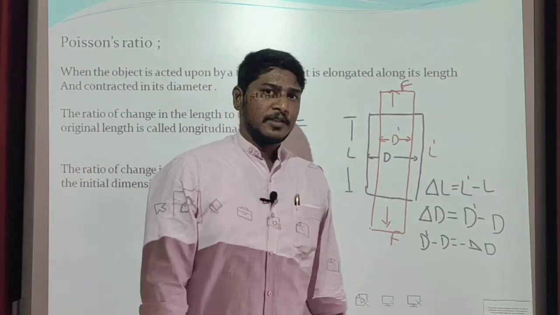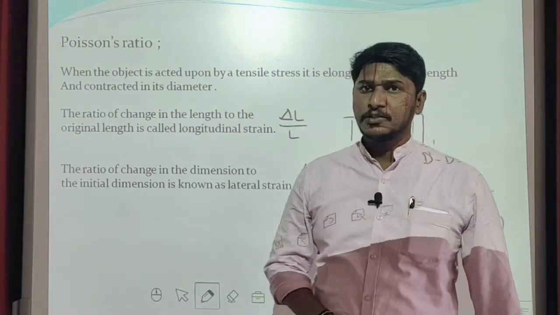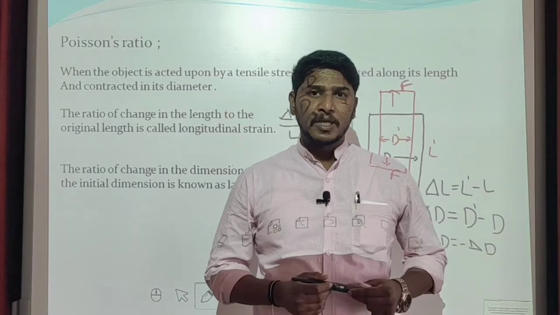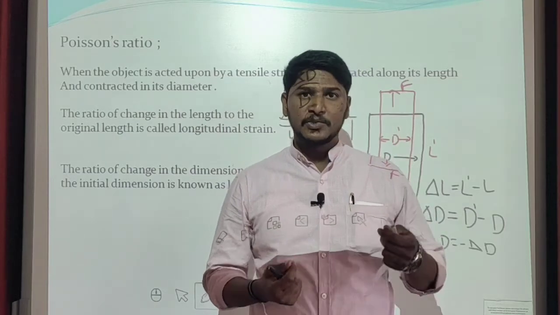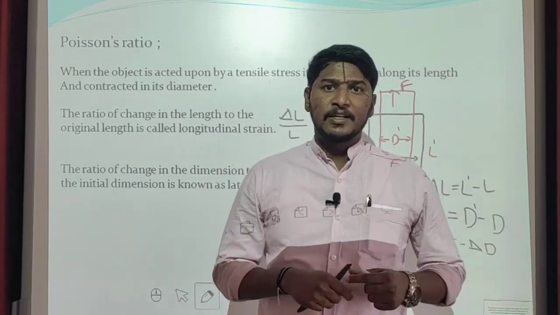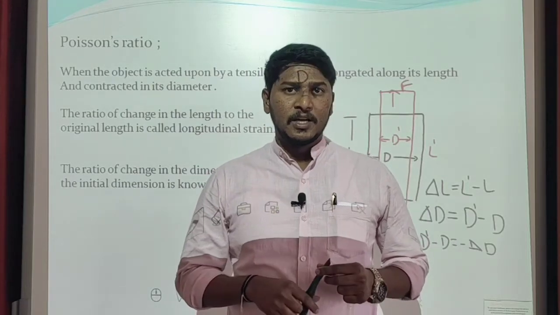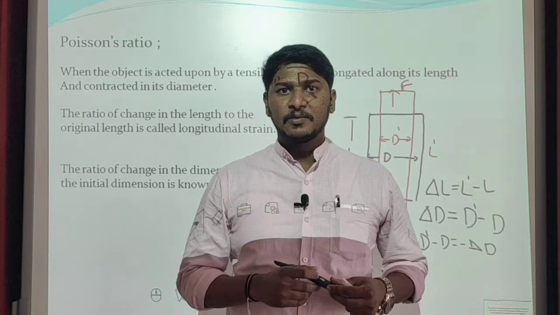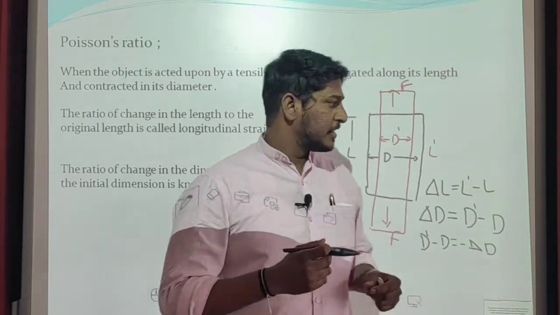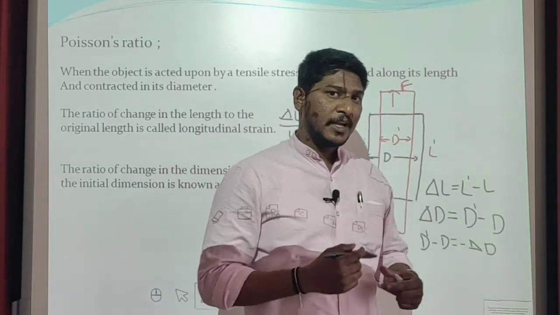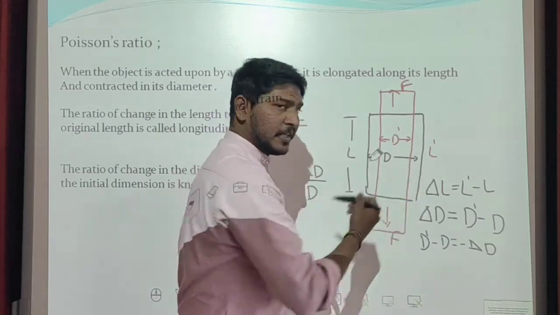To explain Poisson's ratio, we have taken one object and applied a tensile stress. After applying tensile stress, the body undergoes deformation. After deformation, we observe that there is an increase in the length of the object and a decrease in its dimension.